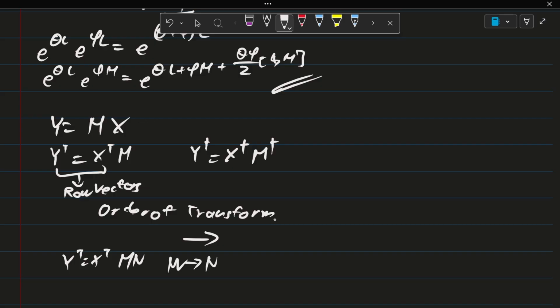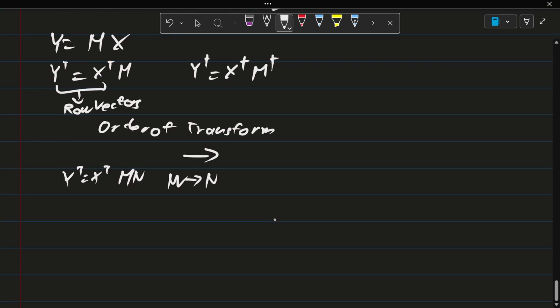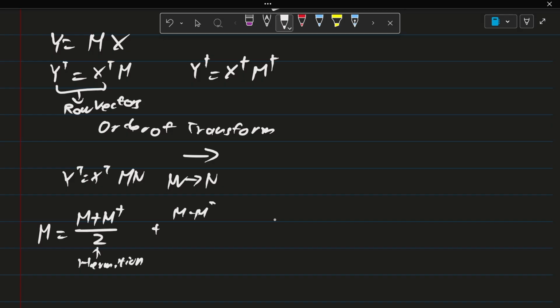Also, from this type of transformation, what we could see is that you could actually express any matrix as first m plus m dagger over 2, which, if you think about it, is Hermitian, and m minus m dagger over 2, which is anti-Hermitian.